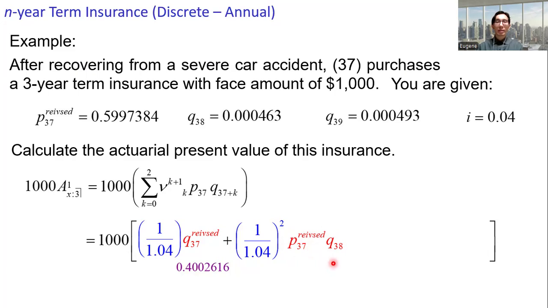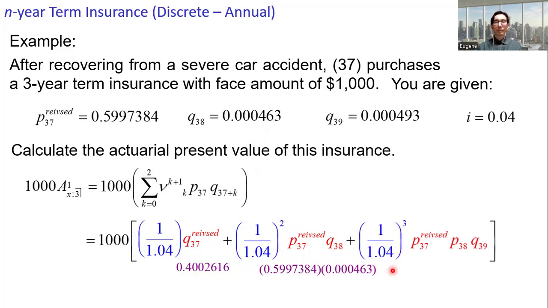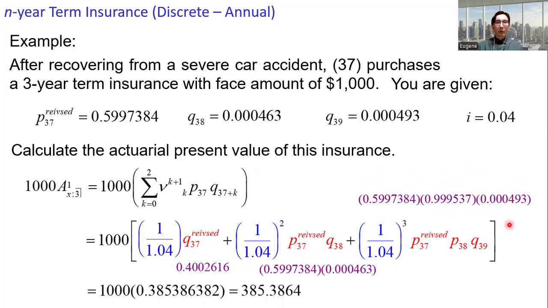The individual dies before reaching age 39. We have the revised value p_37, 0.5997, and then times q_38, 0.000463. And then the last term, we get this expression and all the numbers. Upon calculation, we get the APV for this insurance, which is 385.3864.